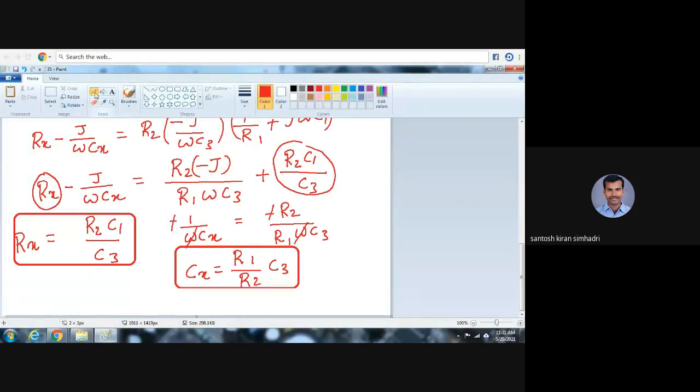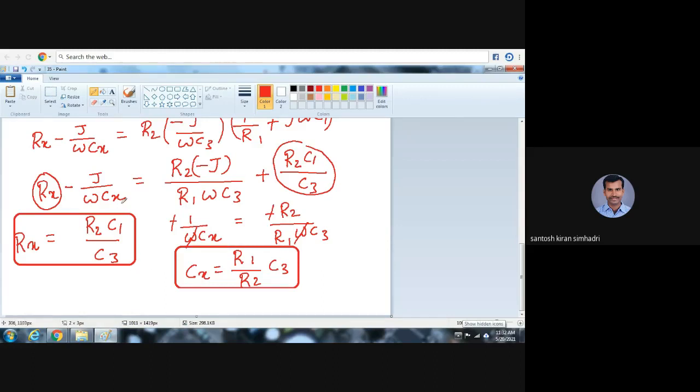Now finally, if you want to find any dissipation factor, we can easily find out this dissipation factor with the help of D equal to Rx by Xx. The dial capacitor C1 can be calibrated directly to give the dissipation factor, denoted with D, of a series RC circuit.